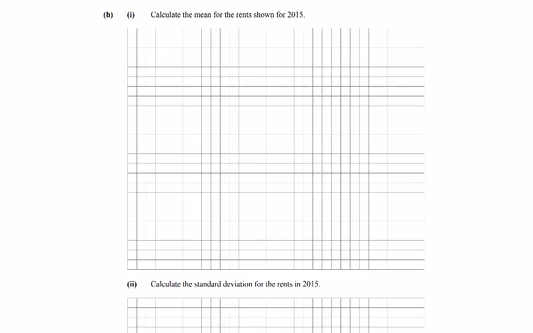Part B of the question is calculator use. You're asked to get the mean, so X bar on your calculator, and you're asked to get the standard deviation, sigma on your calculator. It gives the two answers here, so put in all the data that was in part A, and the answers to these two are 1373. It doesn't say to the nearest euro, so I'll give it to 2 decimal places, 33.